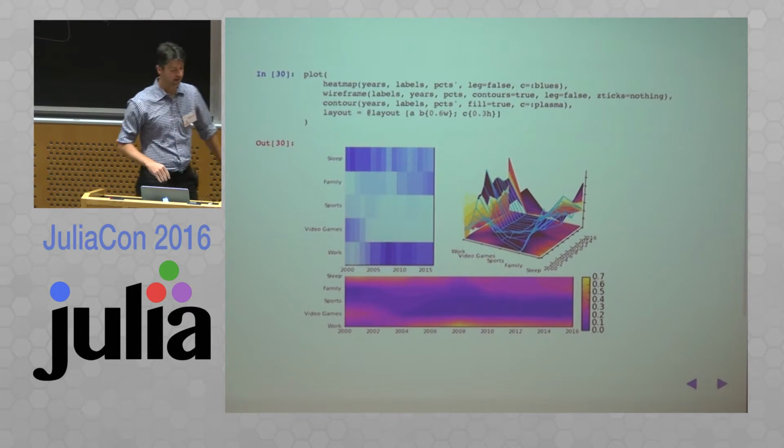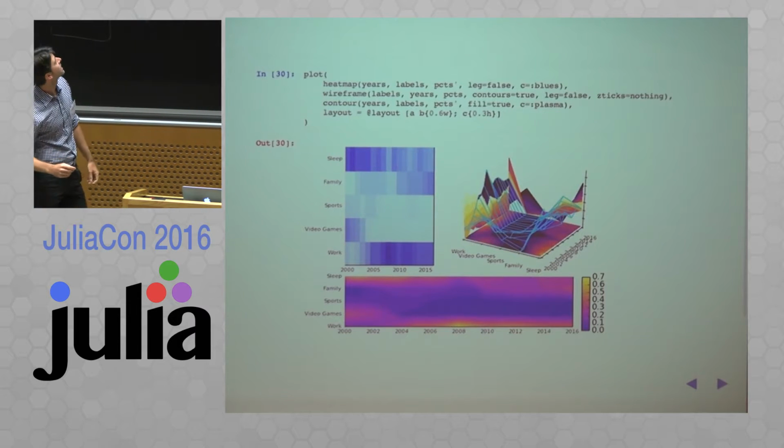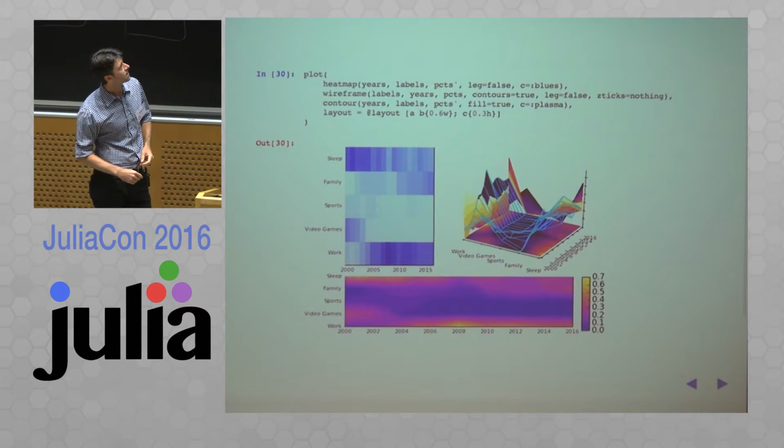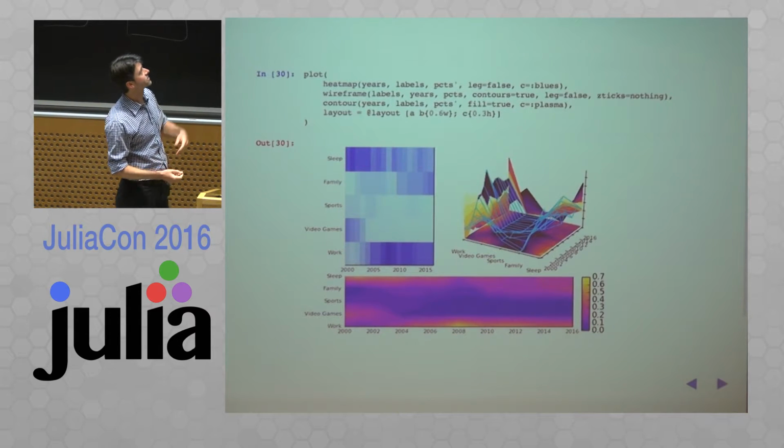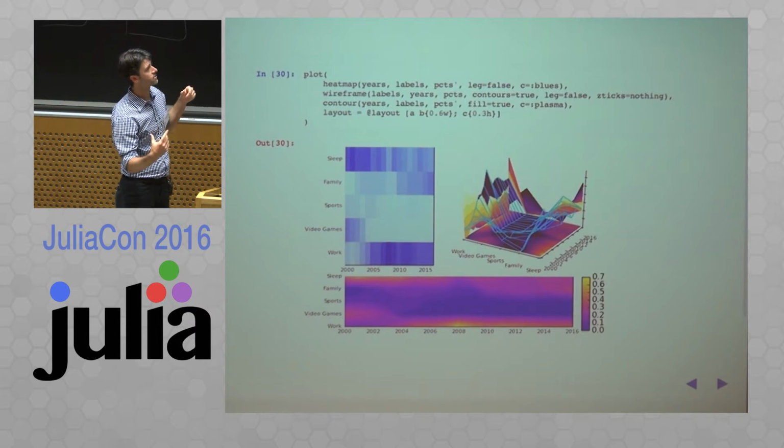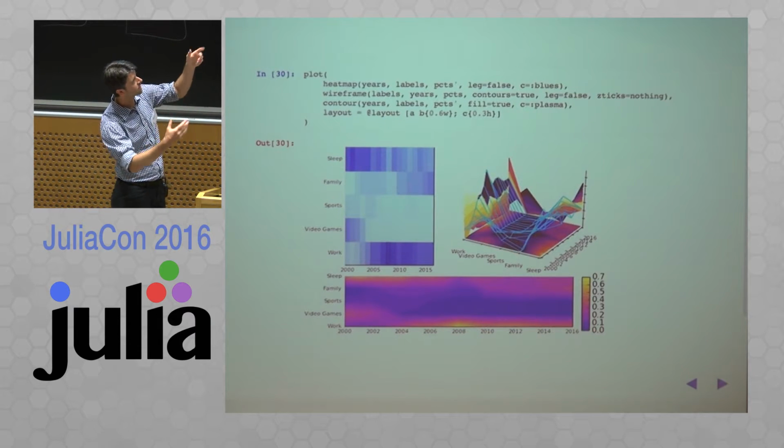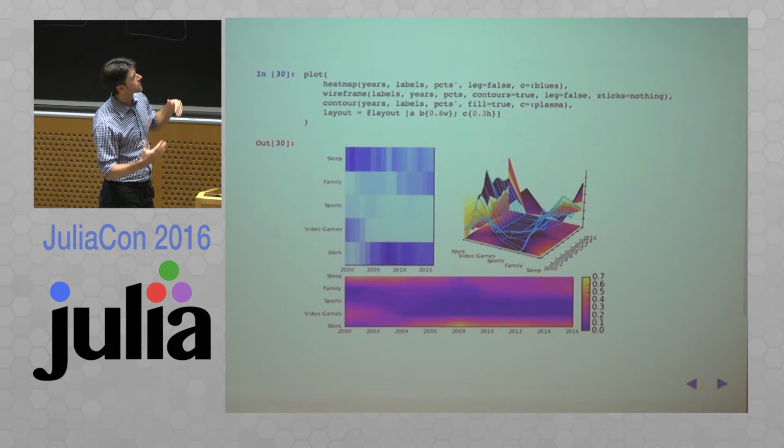All right, and so taking the exact same data, you could do lots of different stuff with that data. In this case, I've got a plot wrapper that's taking several pre-made plots and laying them out in a very specific way. The goal here is to show you that you can do lots of powerful things, and the code that you're writing is only the bare minimum amount of code that you need to specify what you want.